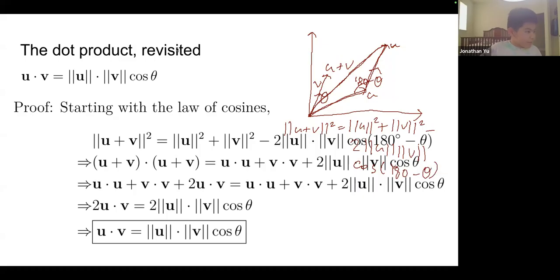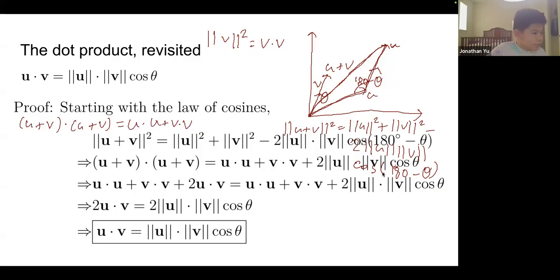So now we have this expression, and we're going to relate this to dot products by using the norm property, or the norm of v squared equals v dot v. So if we put that in here, we get u plus v dot u plus v is equal to u dot u plus v dot v.